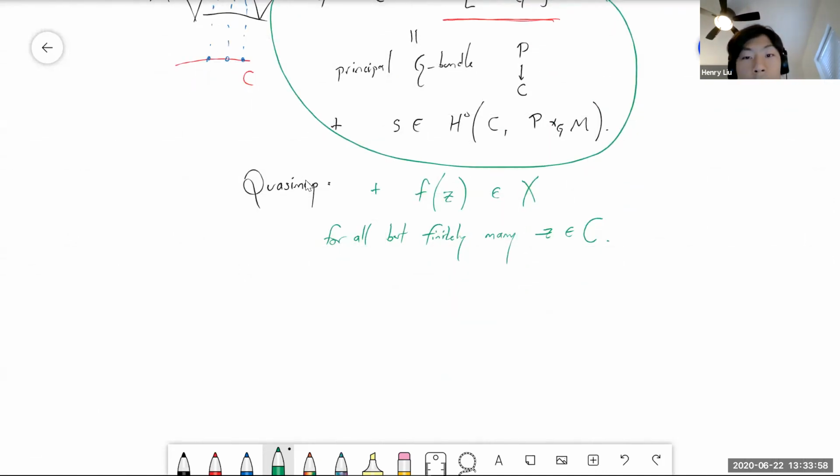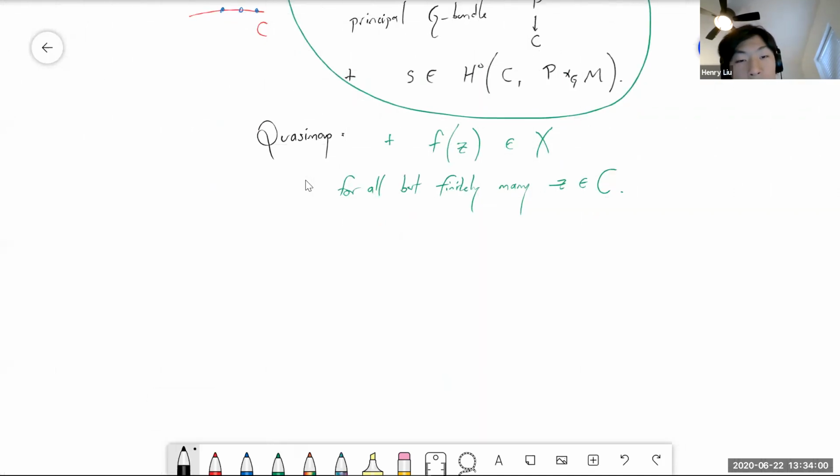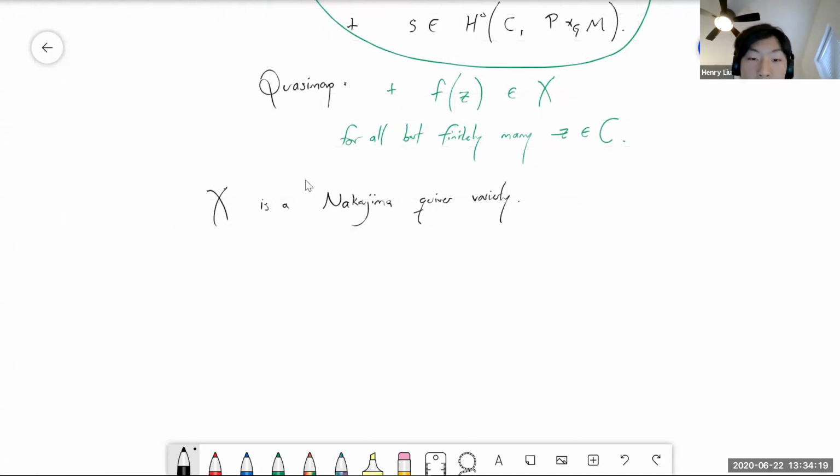Now, for various reasons, it's very productive to study quasimaps when X is a Nakajima quiver variety. I don't really want to go into the details of what Nakajima quiver varieties are. Most of you were in Andrei's course.